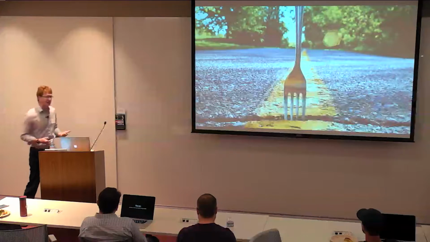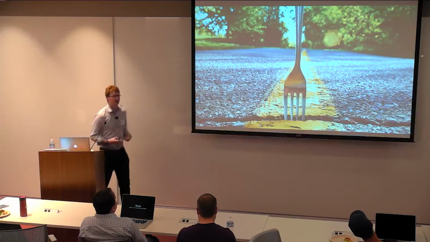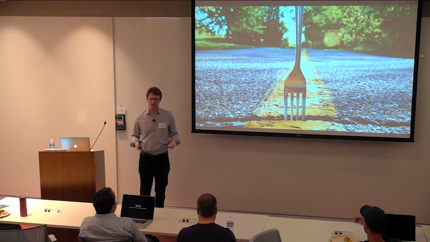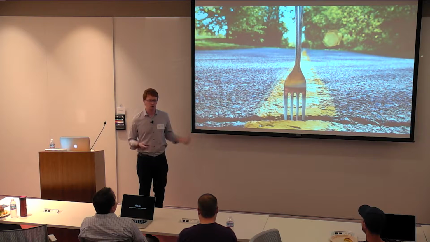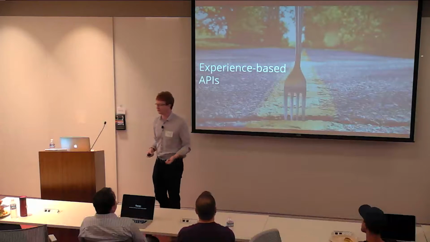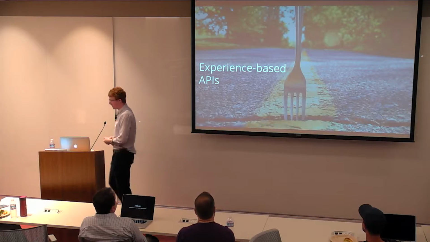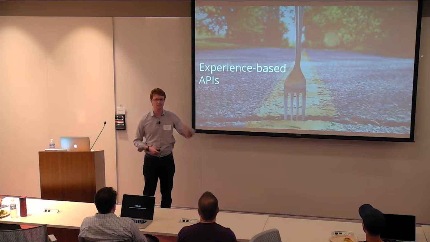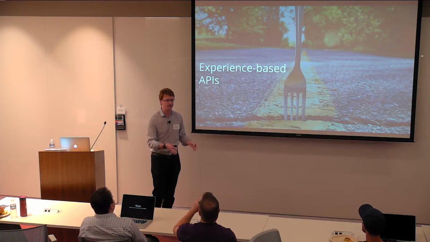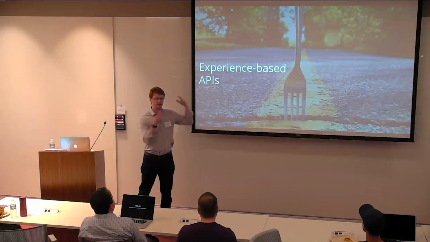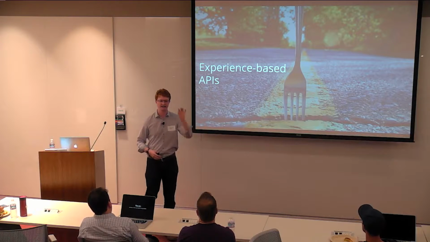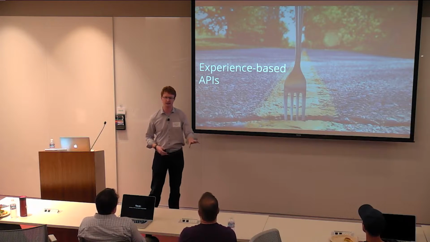As we thought about those, that actually pushed us to a fork in the road. We basically felt we had to pick which side of the fork to take. So what are the two sides? One option is we build a custom, bespoke API for every experience, experience-based APIs, just perfectly customized for that UI and that experience.